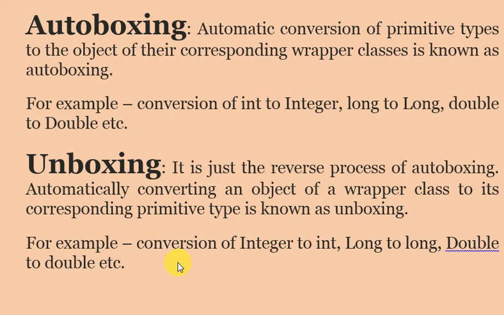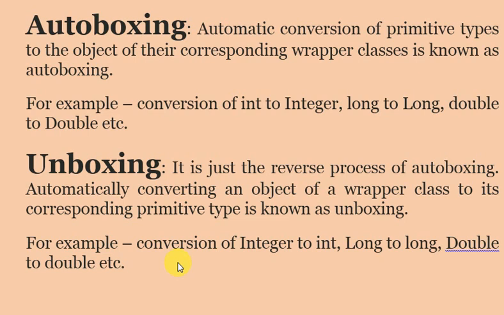So when int is converted to Integer, double with small d is converted into Double with capital D, all these examples are for autoboxing. We simply call it boxing as well. If you find the word boxing, you don't need to get confused about it. Autoboxing or boxing, it's the same.